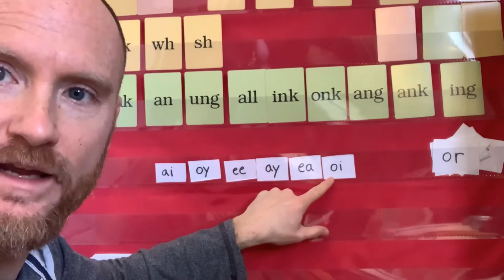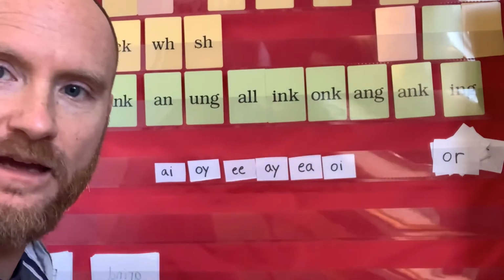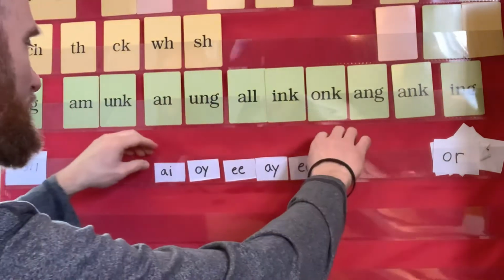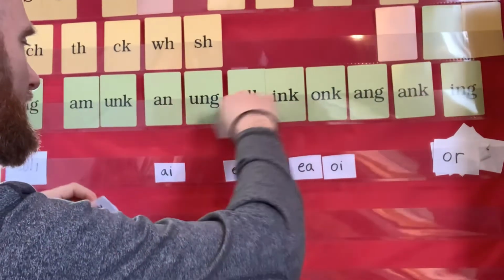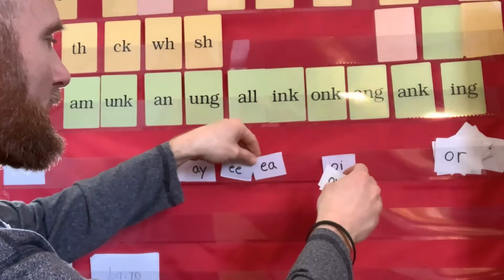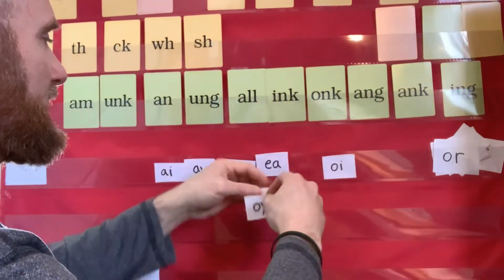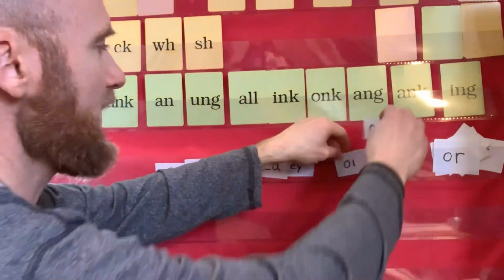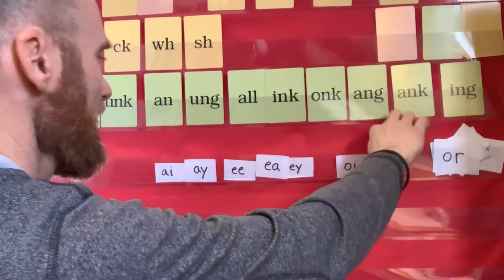O-I, coin, oi. Now I did those out of order. If I was putting those sounds together, I'd have my A sounds here, my E sounds here, and my oi sounds here, okay?